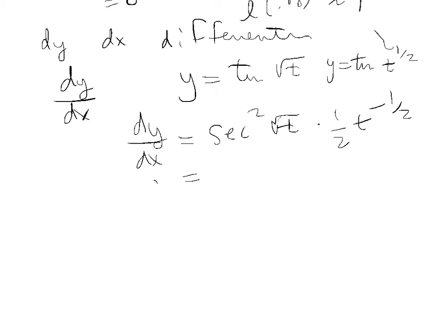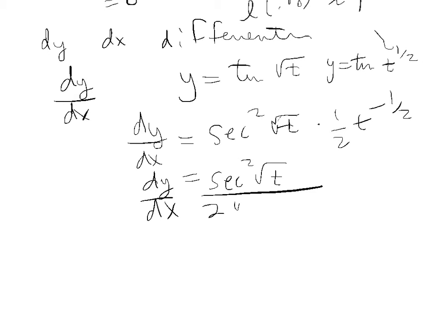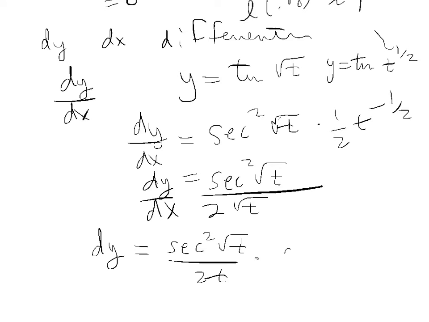So dy dx is the secant squared root t over 2 square root of t. So the differential, which is the change in y, would equal the secant squared root t over 2 square root t times the change in x. And that's the differential.